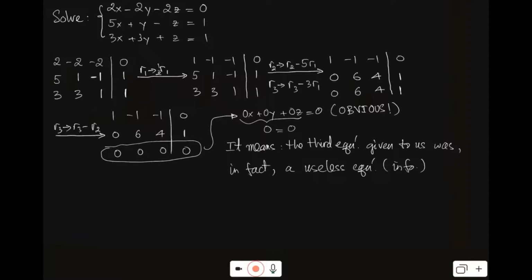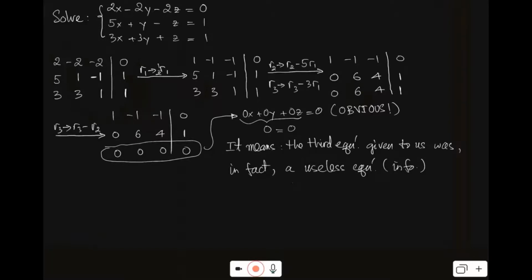You just imagine each equation here represents some information that you collect from an experiment or from real life or from your project. Then you have the last equation, say 0 equals 0. That means a useless information, or in other words, it's in fact just the information that can be derived from the other two equations. And later on, you will see that such phenomenon is called linear dependence.